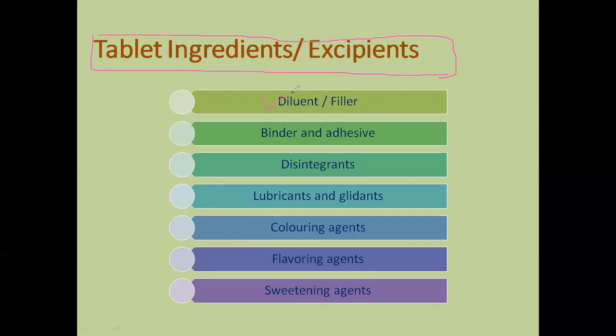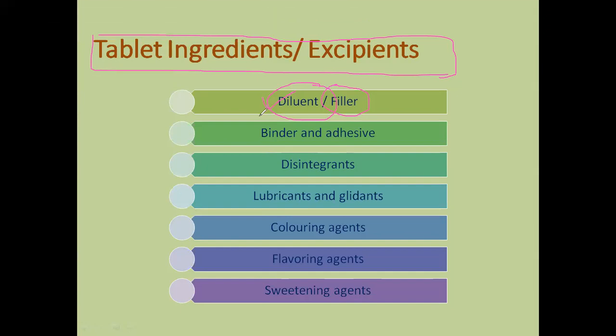firstly diluents. These diluents are also known by another name, that is fillers. Whenever the dose of a drug is less, what we have to do is increase the bulk of the whole tablet formula.